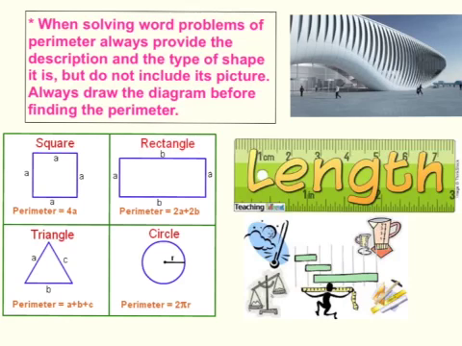Always draw the diagram before finding the perimeter. Square, perimeter equals 4A. Rectangle, its perimeter equals 2A plus 2B. Triangle, it will be A plus B plus C. However, the circle is totally different, which is perimeter equals 2 pi r.